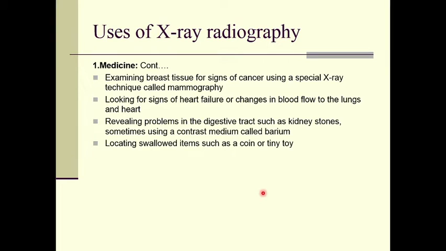So most of the time barium material is used, which is a contrast agent. When the X-rays are incident on this barium, it will be reflected back from the barium, right?